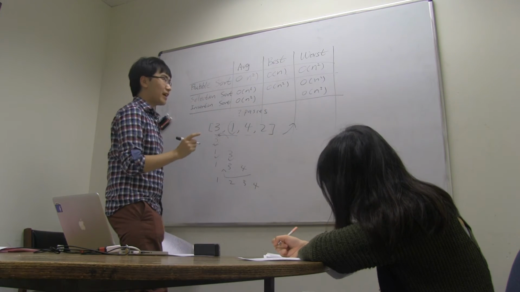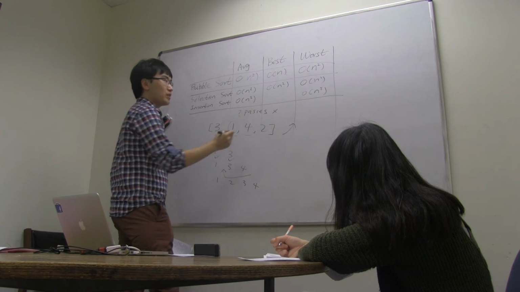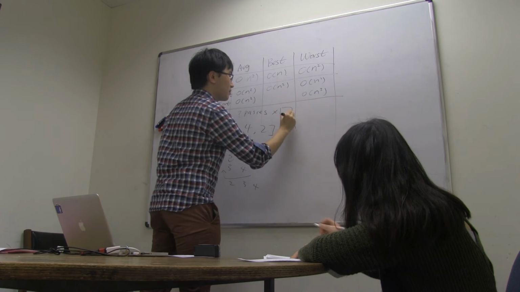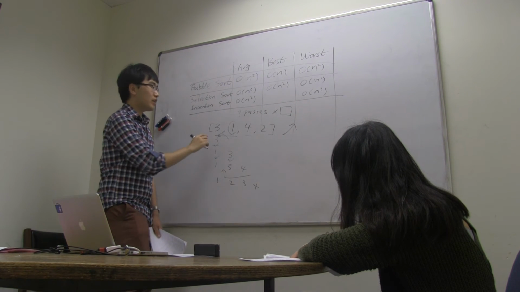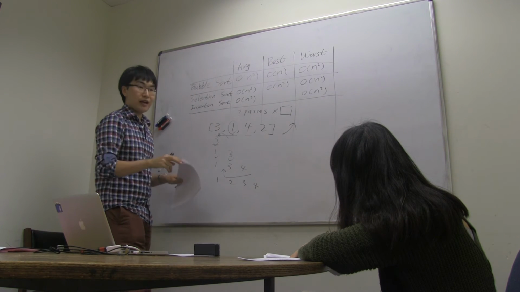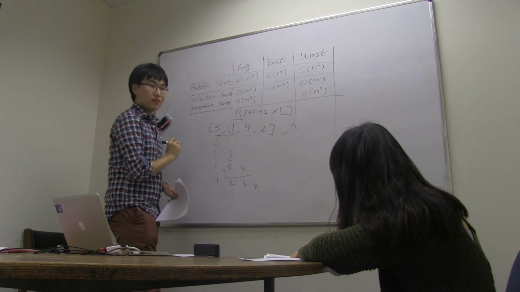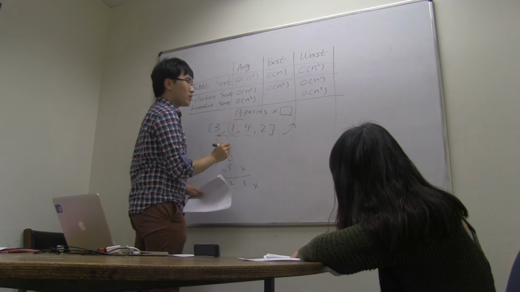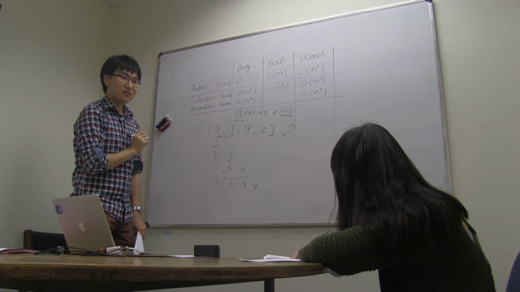And in each pass, how many switches or computations do we need? According to the definition of insertion sort, we need to insert each of the elements into a previously sorted array. So these passes will be a fixed number of n. And in the best case, we can use order 1 time to finish this insertion.